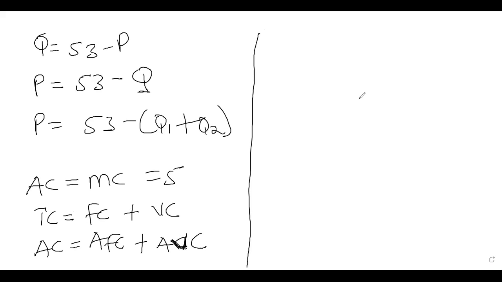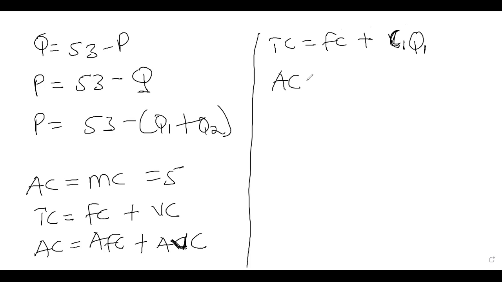Average fixed cost plus average variable cost, okay? Now, in essence, total cost, if you want to open up the total variable cost, you have fixed cost plus the variable cost per unit times the quantity, all right?